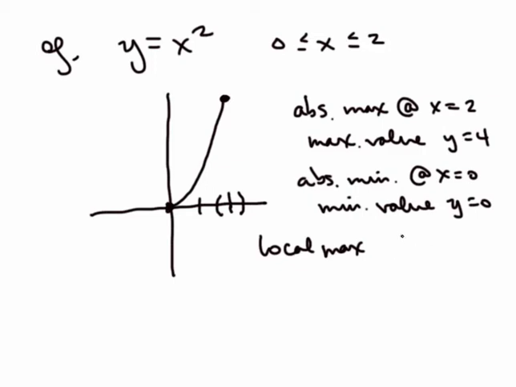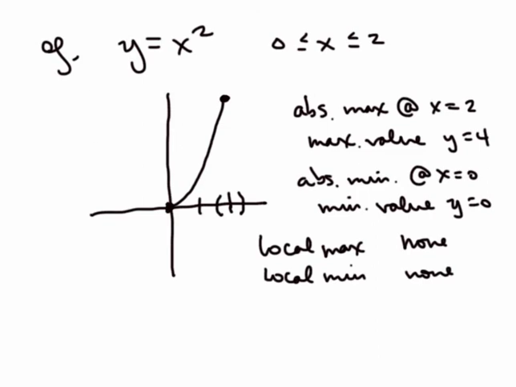So there's actually no local max, which is kind of weird. So we have an absolute max here that's not a local max. And in a similar way, if you ask me for a local min, there's going to be no local min either. So this is kind of strange.